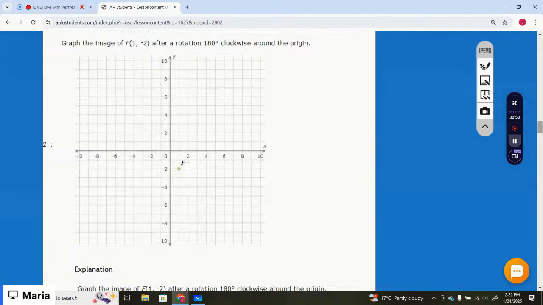Okay, the next example is graph the image of F, 1, -2, after a rotation of 180 degrees clockwise around the origin. So here is the point F, 1, -2.